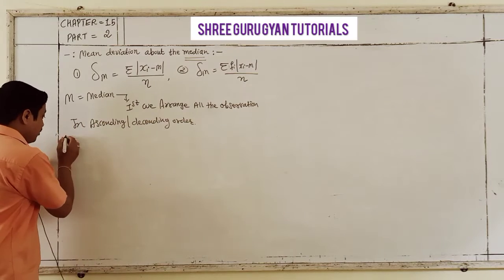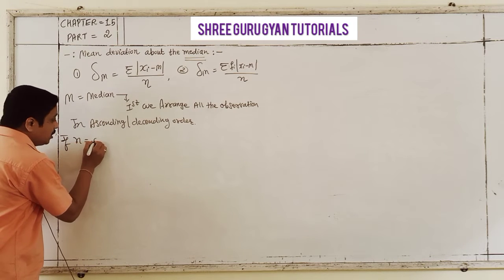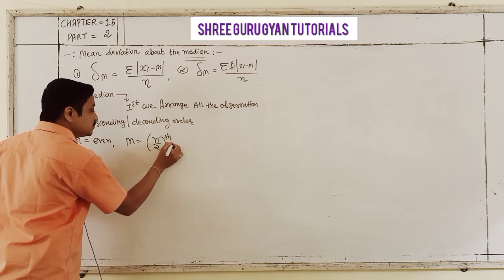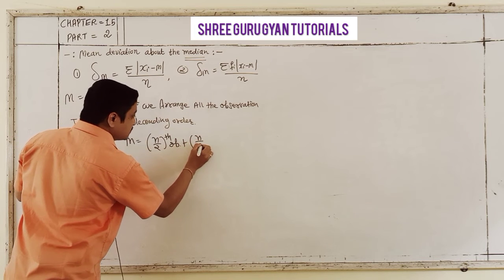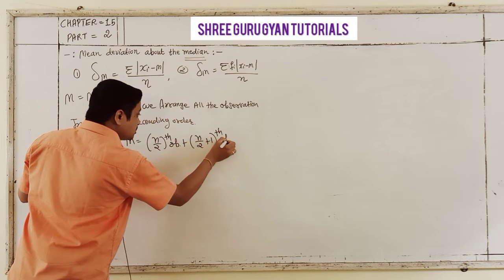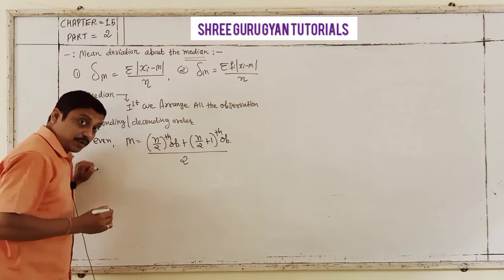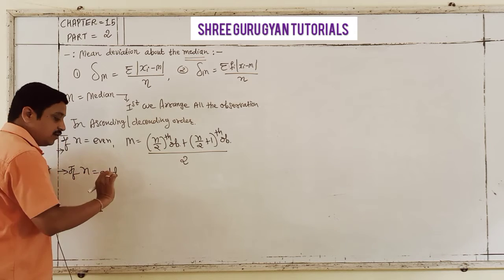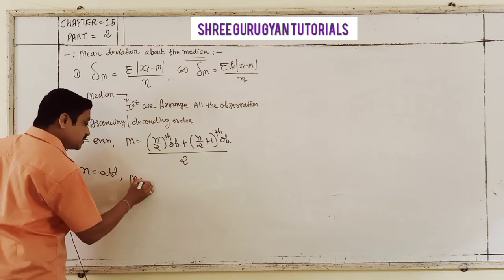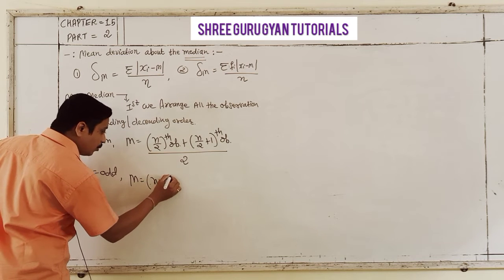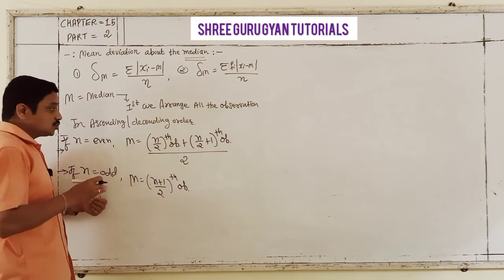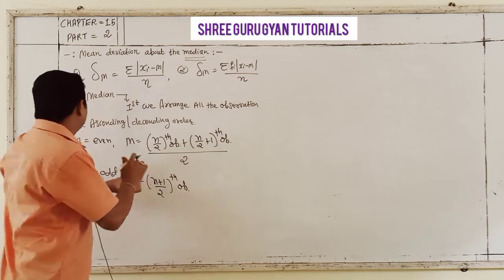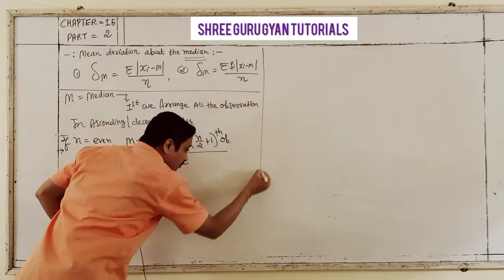If n is even, then median M is the (n upon 2)th observation plus the (n upon 2 plus 1)th observation, divided by 2. This is a property. And second, if n is odd, then median M is the (n plus 1 upon 2)th observation. So in these two conditions we define the median and then go to the formula for mean deviation about the median.